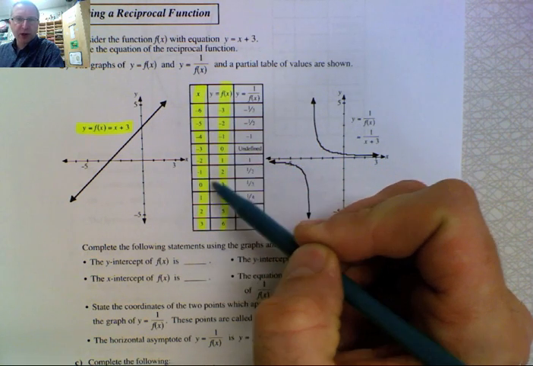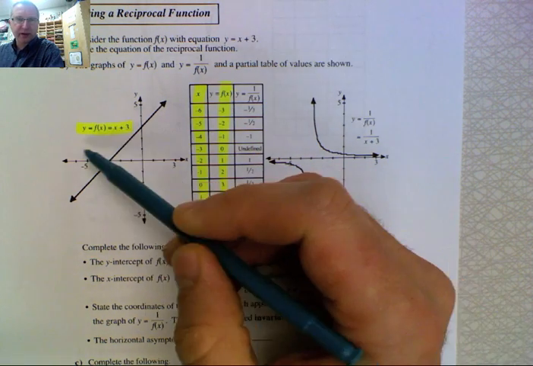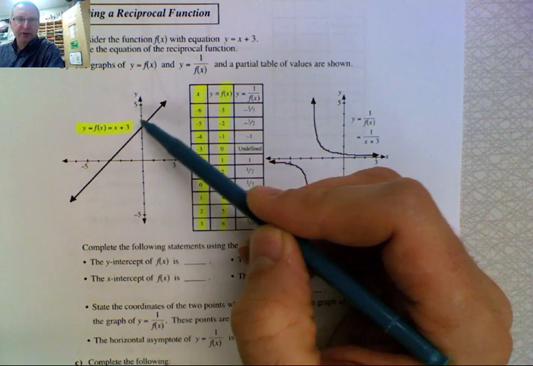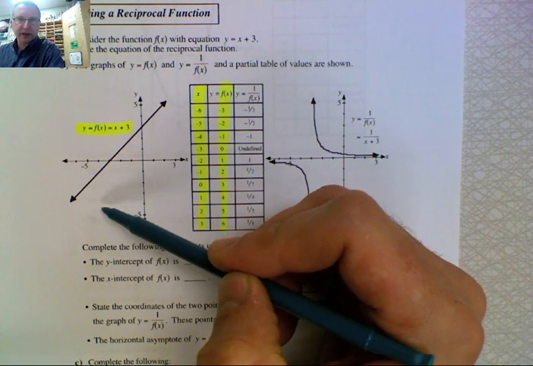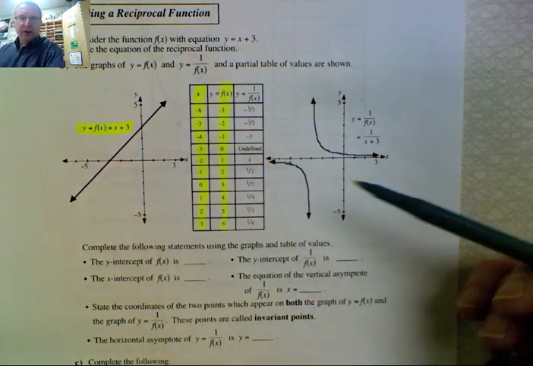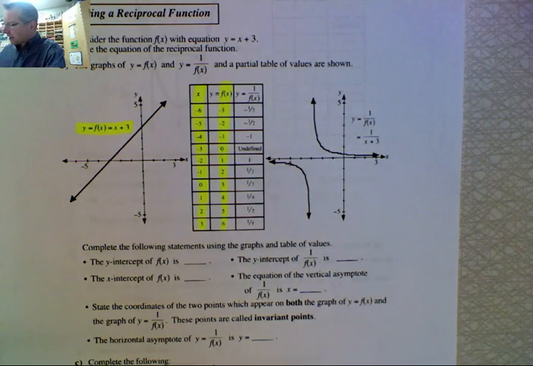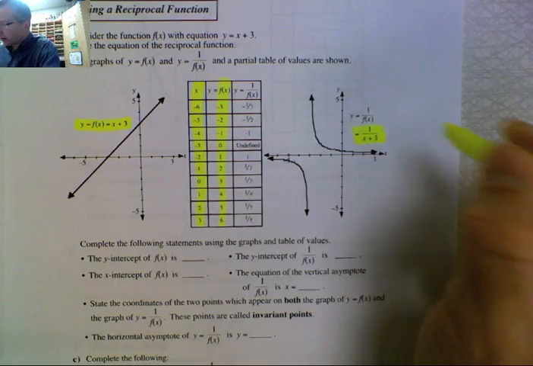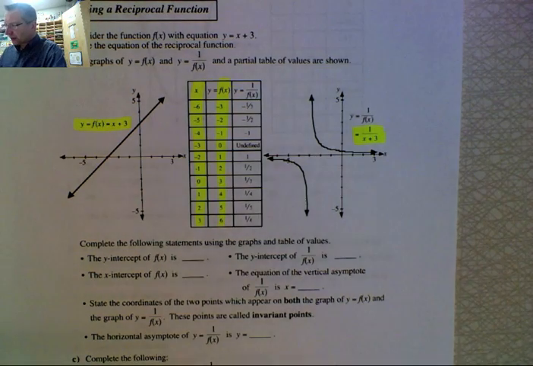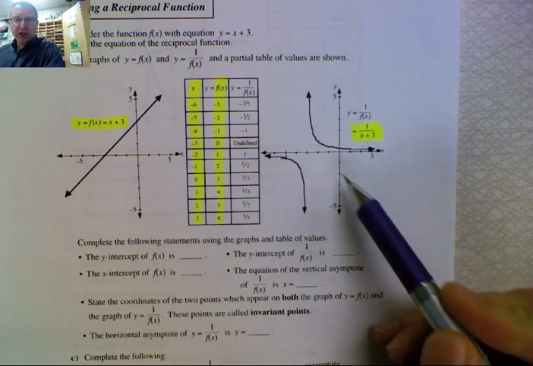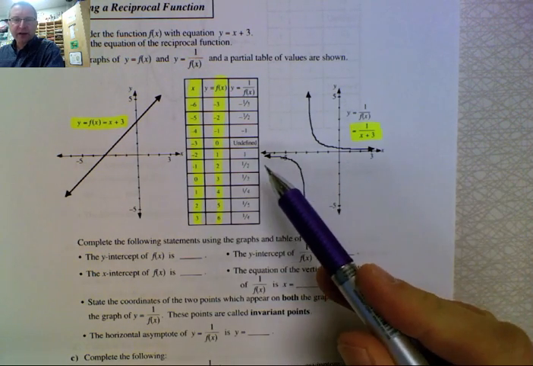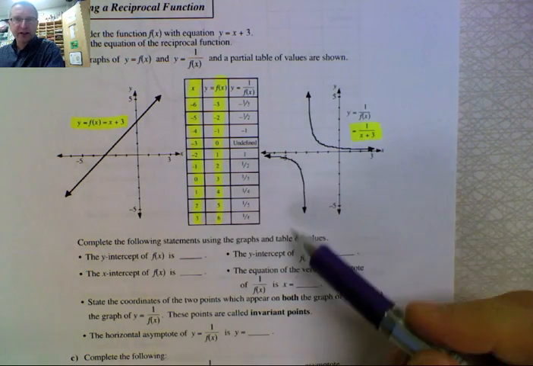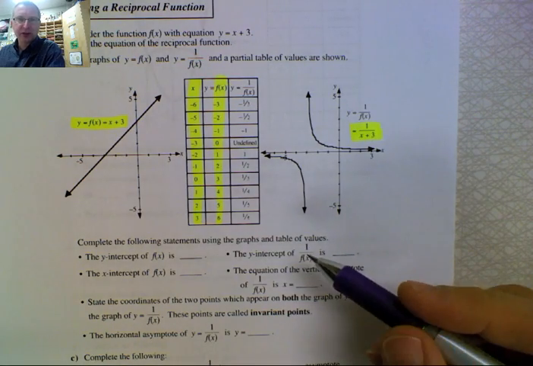If you plot all of these ordered pairs, you get this line graph right here. This second graph is the graph of the reciprocal function, 1 over x plus 3. So how exactly does this line change into a graph that has two curves in it? In fact, these two curves are not even attached to each other.